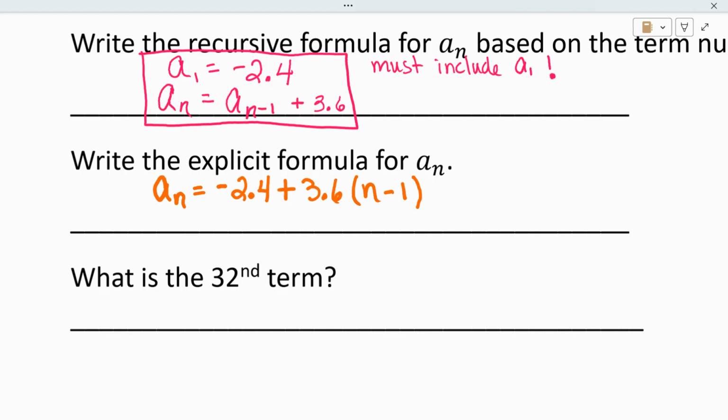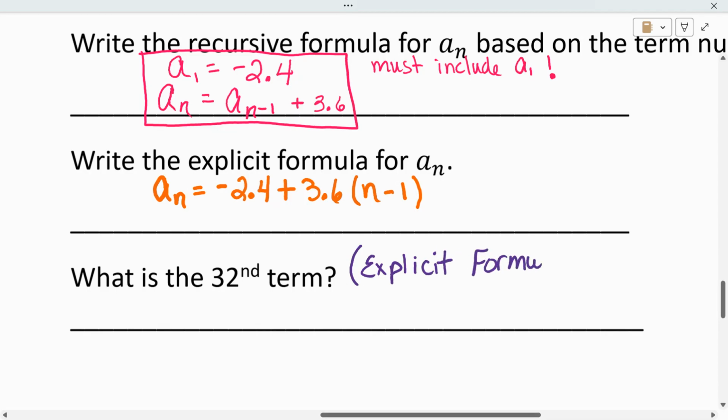Do I know the term that came before the 32nd term? No. So that means I don't want to use the recursive. I want to use the explicit. I'm going to keep doing that until we believe that. So we need to use the explicit formula. And that's cool because we just wrote it.